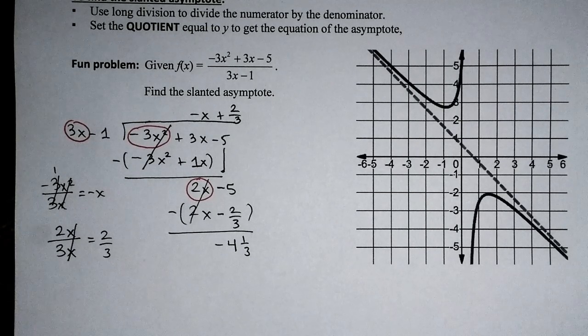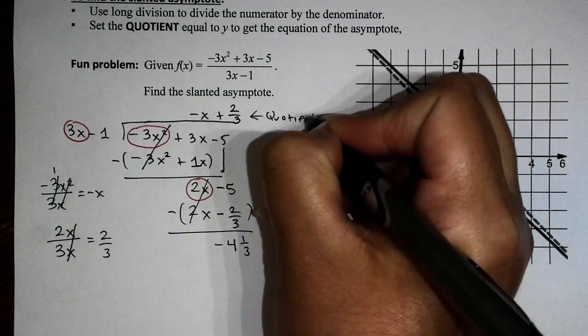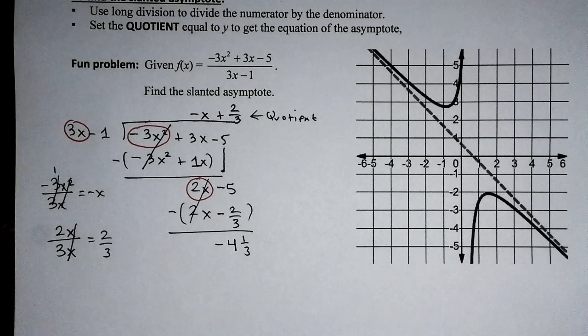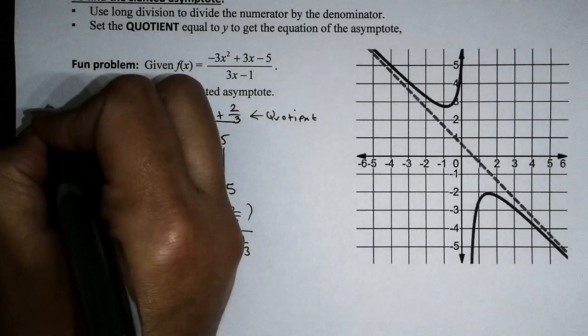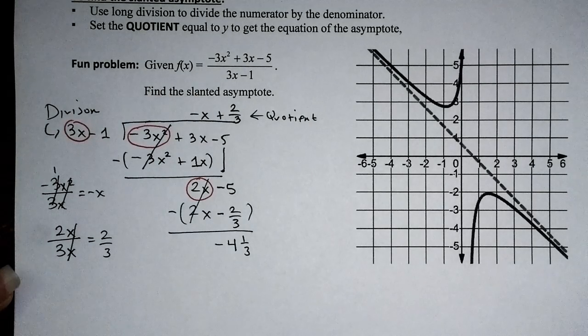So now the question is, what is the equation of the slanted asymptote? So we're going to focus on the quotient, but I'm going to label a couple of things. In this case, our quotient, it's a pretty long word, is given by negative x plus 2/3. Our divisor, that's code for what did you divide by, is given by 3x minus 1.